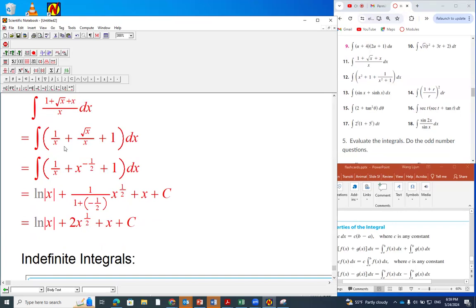So we have to separate. We're going to take the x, divide into each term. We get 1 over x, root x over x, plus 1. And then root x is viewed as x raised to the power half, and subtract the exponents. So we basically get x raised to the power negative half. 1 over x plus x raised to the power negative half plus 1.